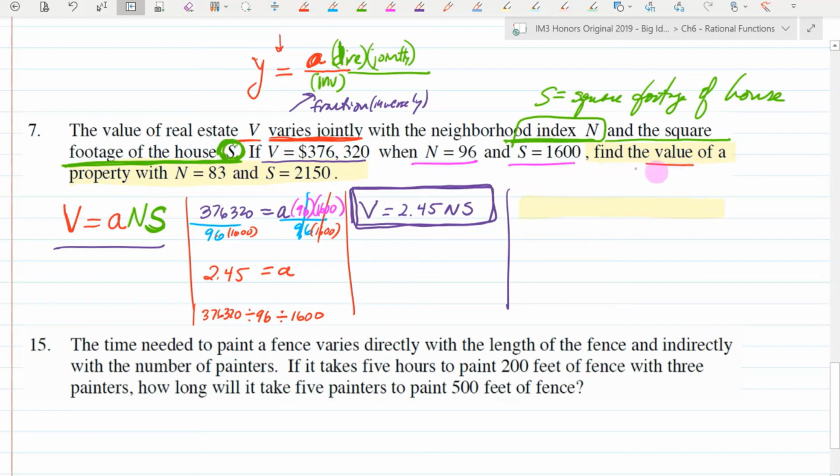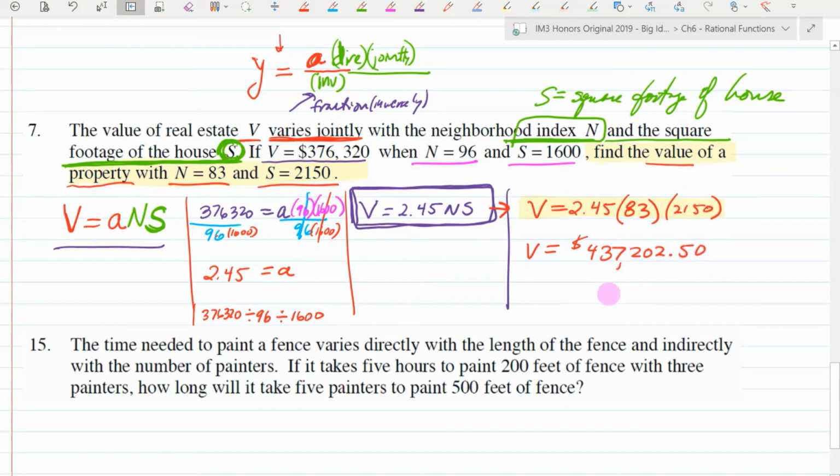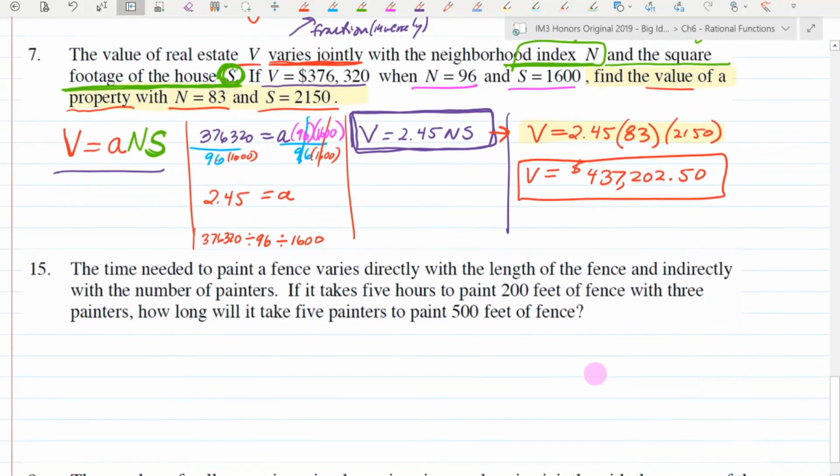It says find the value, so we're finding V. We already know that A is 2.45. N is going to be 83. And S, the square footage, is 2150. So the value of this house is going to be $437,202.50. Okay? So that's how I would like you to solve those. Go ahead and try number 15 and see how you do.